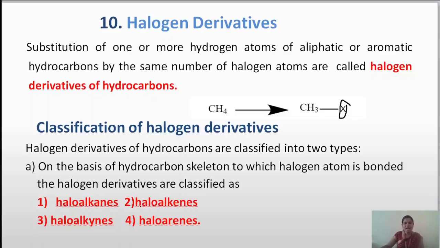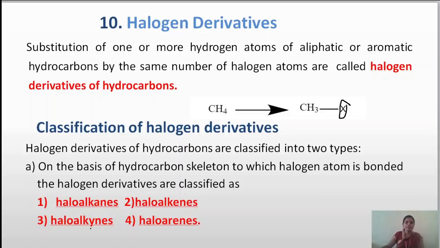Next type is the haloalkenes. In haloalkenes, one or more hydrogen atoms of the alkenes are replaced by the same number of halogen atoms, and then we will get the structure of the haloalkenes. Next is the haloalkynes. In haloalkynes, one or more hydrogen atoms of any alkyne. What do you mean by alkyne? Alkynes are unsaturated compounds containing a carbon-carbon triple bond.